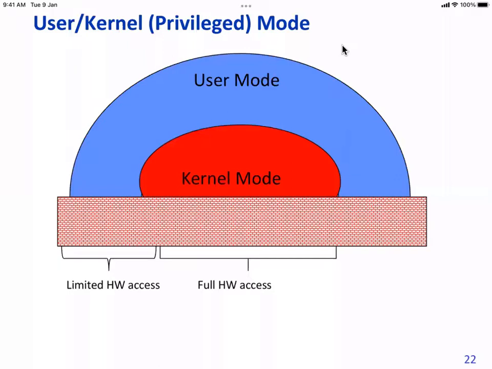Okay, kernel mode is a privileged mode. It may have some specific instructions for execution, which if a user process wants to use, then immediately the system will move into kernel state.